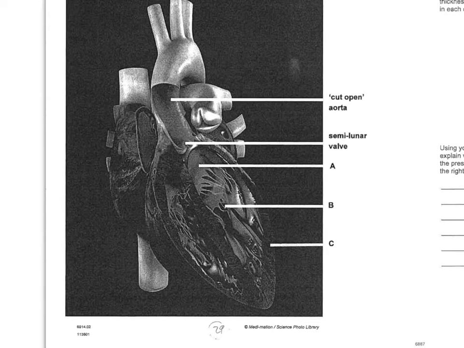So if we look at these structures here, this is B here, and this is A. What do you think A is pointing to?